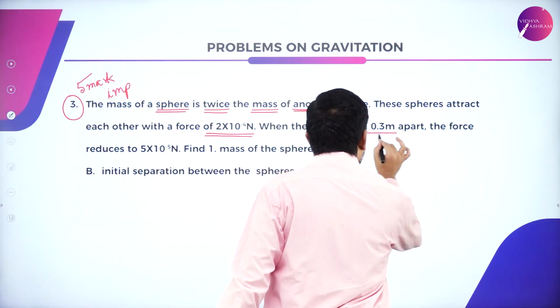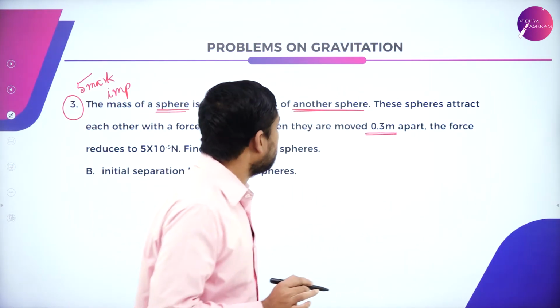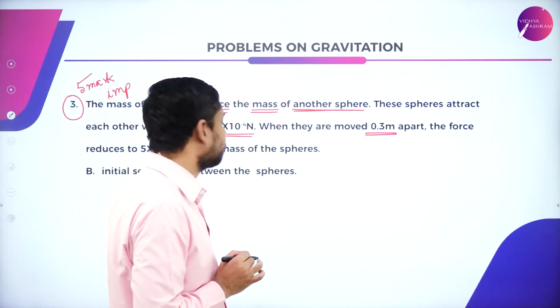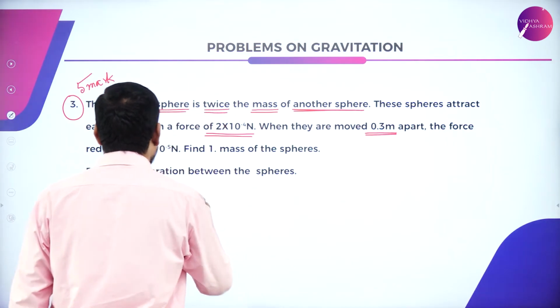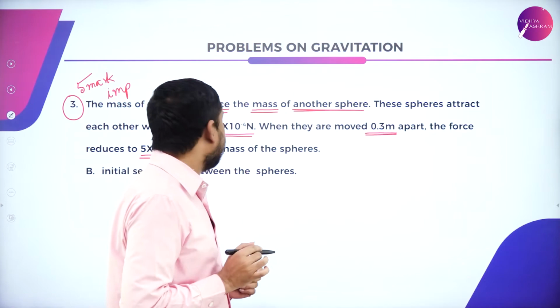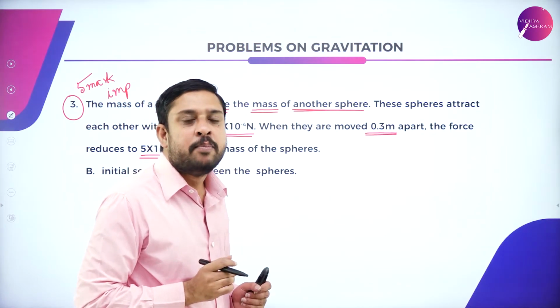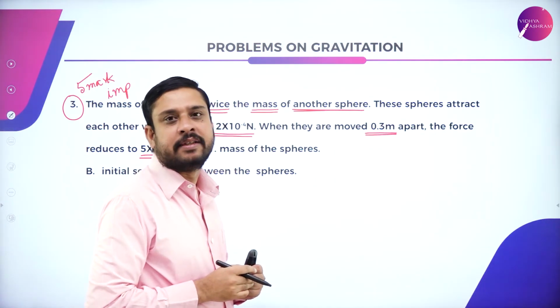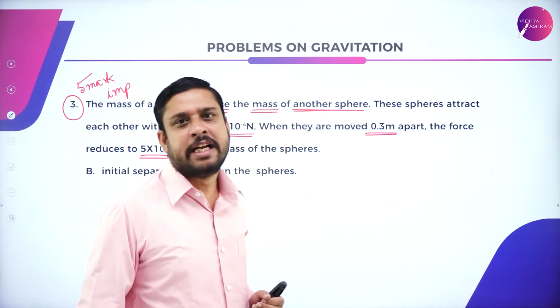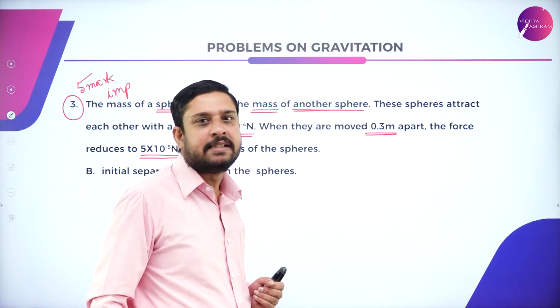When they are moved 0.3 meter apart, the force reduces to 5 into 10 power minus 5 Newton. When the distance is increased, naturally force has to decrease.